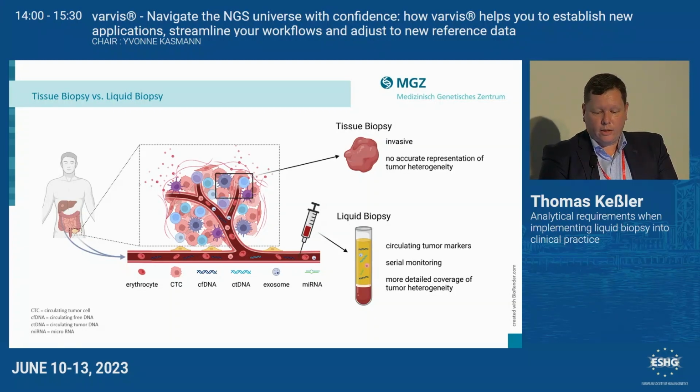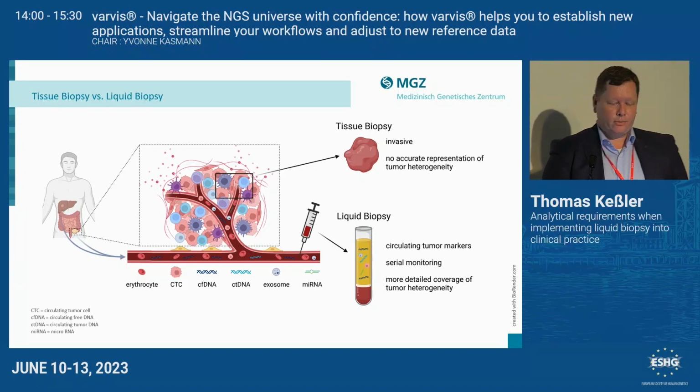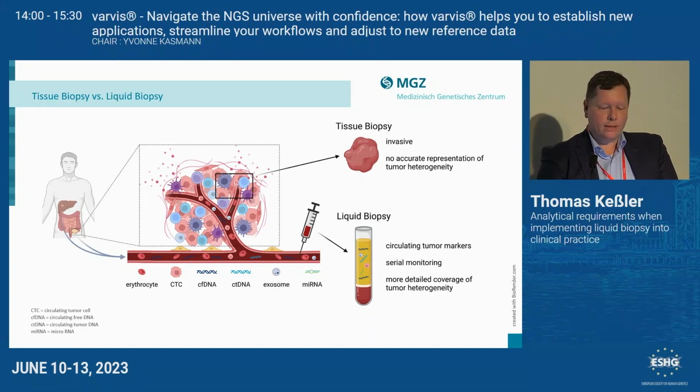You can also think about it as a way to cover more of the tumor heterogeneity that may be in place if the patient has more than one metastasis, for example, which is not necessarily of the same genetic makeup. So the idea here is to take blood and to filter out circulating cell-free DNA, and then look for variants that may be informative for the tumor.